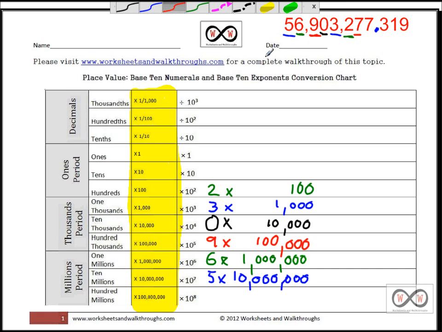So then we go back to the 7 here in the tens place. So that would be 7 tens, or 7 times 10. Then we'll move on to the next 7, and that 7 has a completely different value because it is in a different place on the place value chart. In this case, this 7 is in the ones place. So we've got 7 times 1.